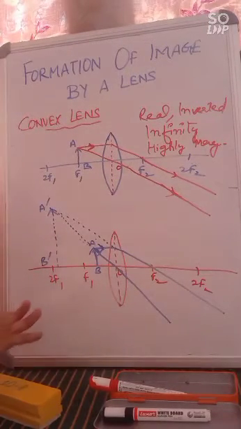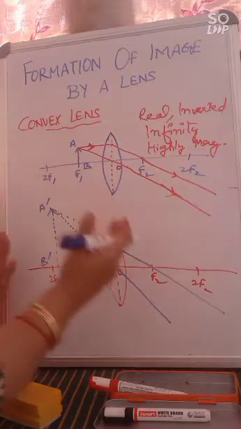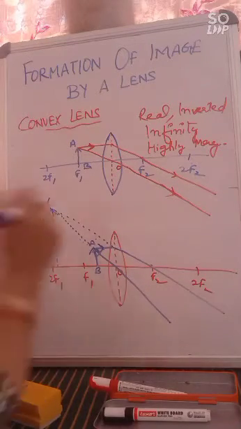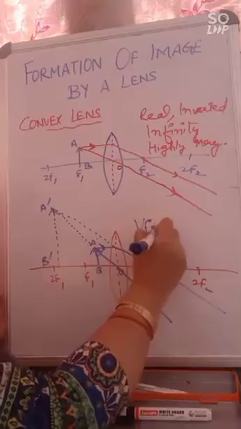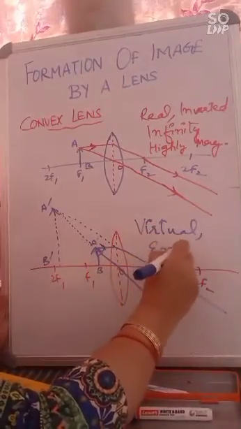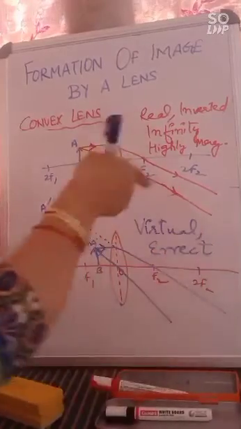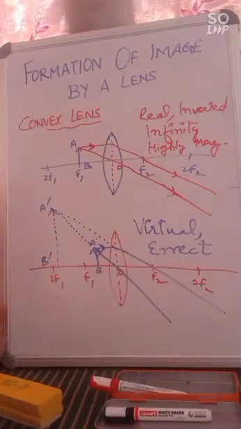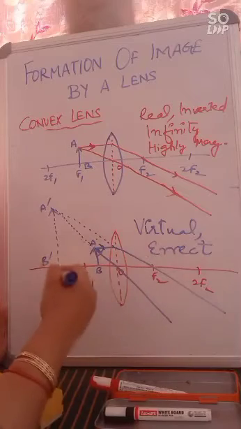This is the only case where the image is formed on the same side as that of the object. That's why it is virtual. Always remember, virtual image is erect image and real image is inverted image. Okay, so it is virtual, erect. Where is the image formed?